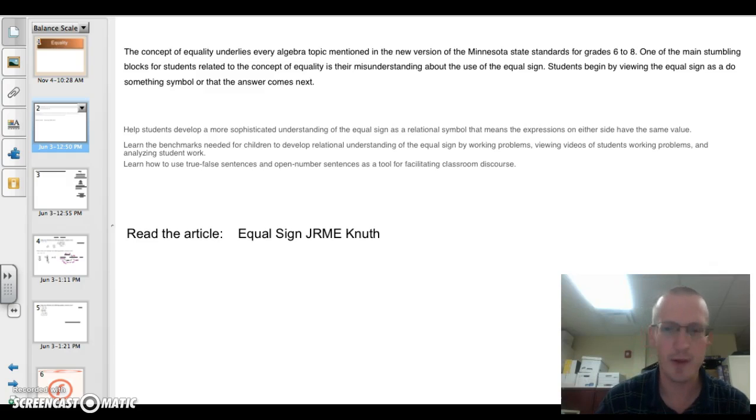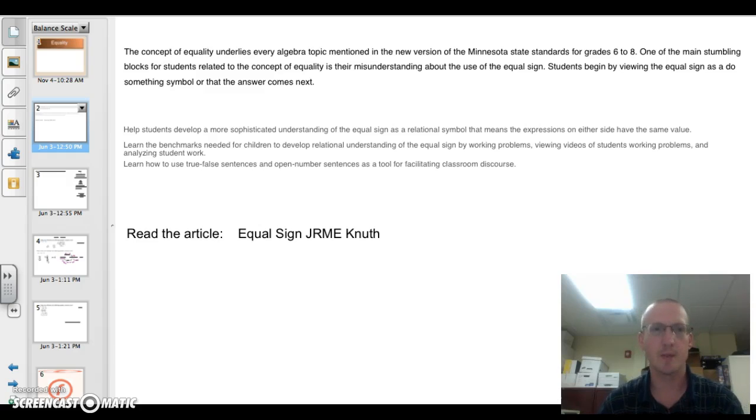Okay, so now we're in the Smartboard version of Equality Unit 1. The whole concept of equality underlies every algebra topic mentioned in the Minnesota State Standards in grades 6 through 8.